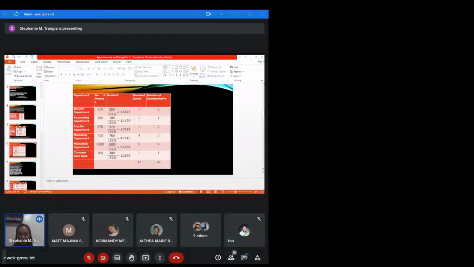Okay. I mean, to get your total number or desired number of representatives, after looking at the whole number part, you also look at the decimal part. So here you add gradually. For example, in our case, we only have 17.